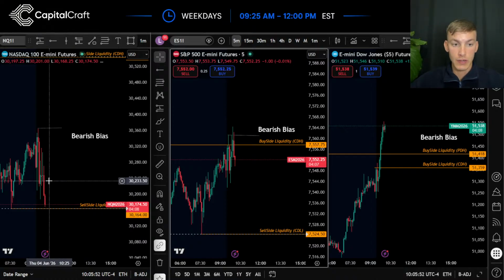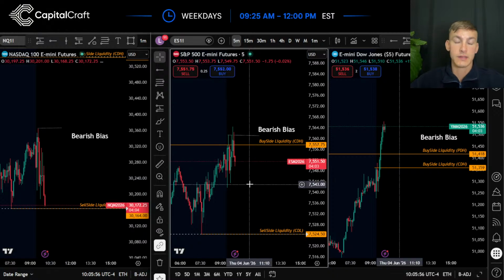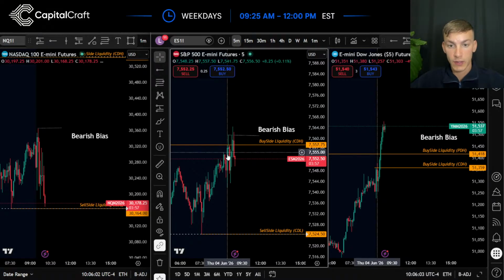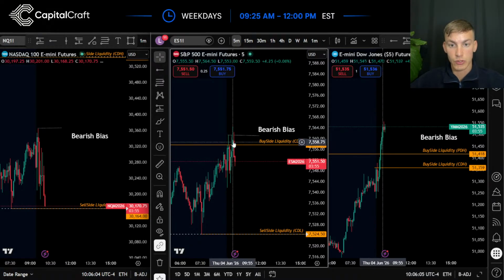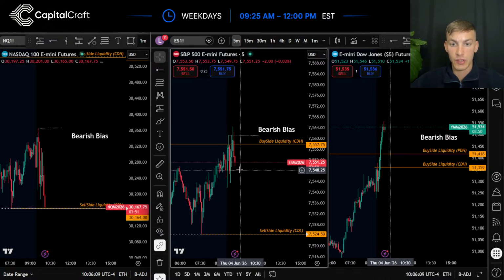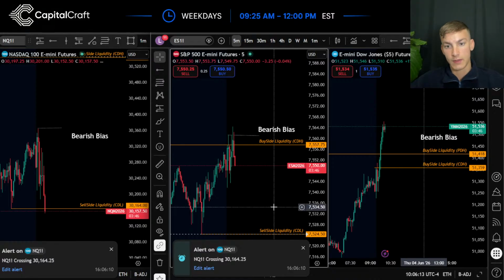Now we changed the state of delivery on the Nasdaq. All I need to do is couple that with another asset class that has taken that specific swing high, and the S&P, like we've marked here, has not only taken it with the wick, but if we look at the bodies it has also closed above there. Okay, the only thing we're lacking now is a change in state of delivery. I would need the red candles to close here before the Nasdaq went ahead and did that.